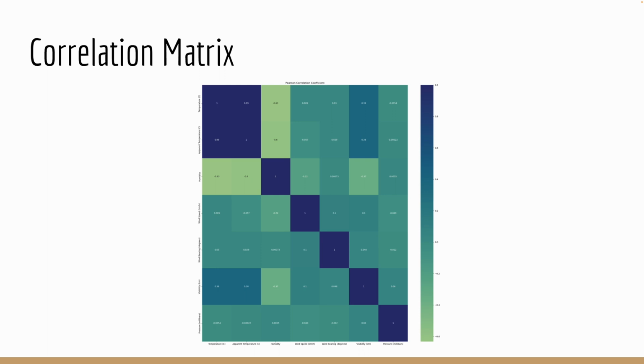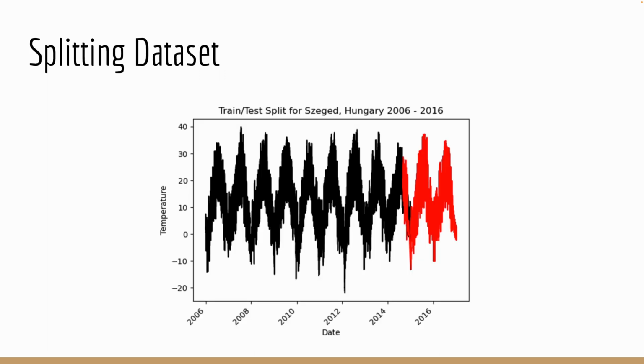So essentially they're both the same thing. With that, I removed the apparent temperature and split the data set. As you can see, for a time series data set, I took the first 80%, so 2006 up to 2014, and then I took 2014 data up to the very end, 2016, as my test data set.